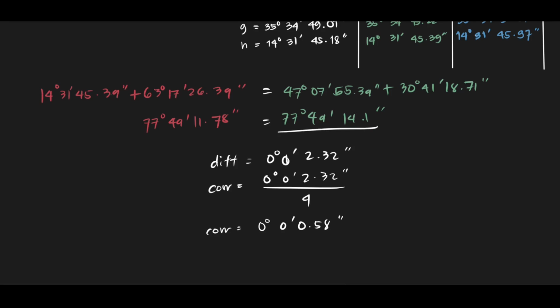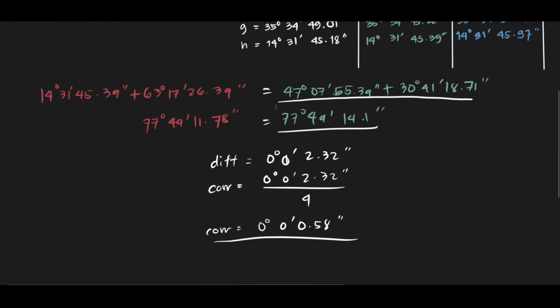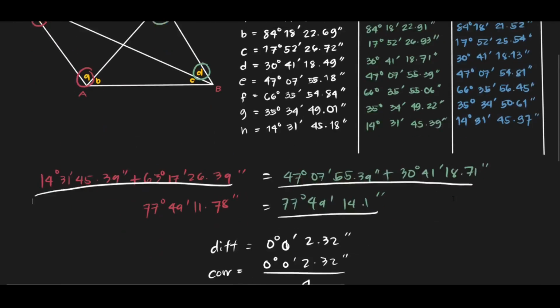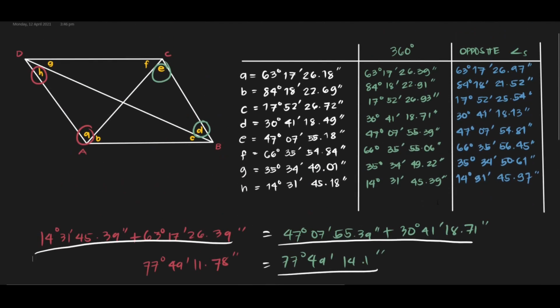Since this is greater, you subtract the correction from these angles. You subtract it from E and D, and then you add it to H and A. Okay, so once you do that, you will get these values right here.